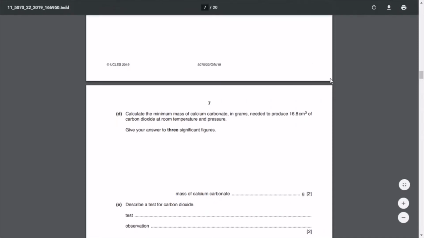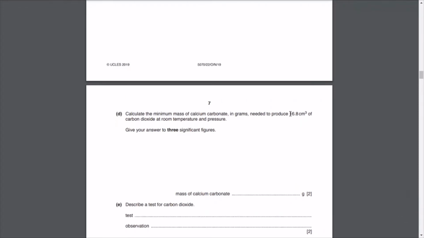To find the moles of carbon dioxide, we are going to divide the volume by 24,000, because this is in cm³. If it were in dm³, we would divide by 24 only. But because it is cm³, we will divide by 24,000.